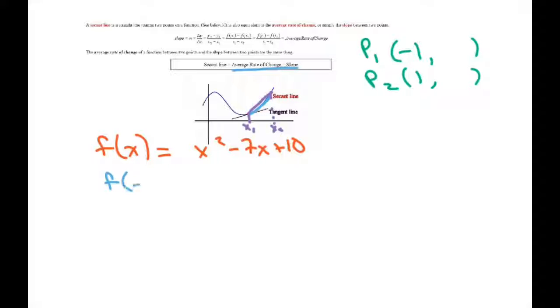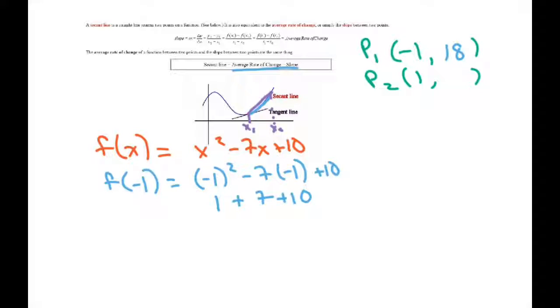So f of -1 is 1 plus 7 plus 10, so that's going to be 18. And if you plug in 1, you get f of 1, which is 1 minus 7 plus 10. So that's going to be 11 minus 7, which is 4.